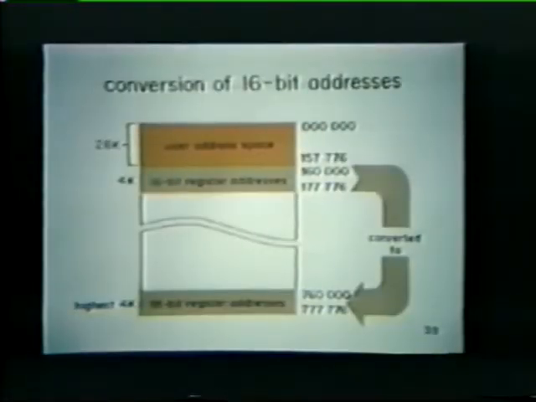Processors that use 16-bit addresses have a usable memory space that is limited to the first 28K word addresses. The next 4K, starting at 160000, is used for 16-bit register addresses. These register addresses are converted by the CPU to 18-bit addresses that reside in the highest 4K of the address space.